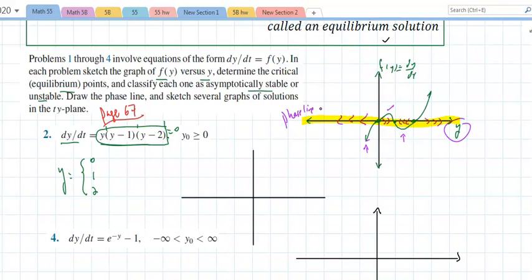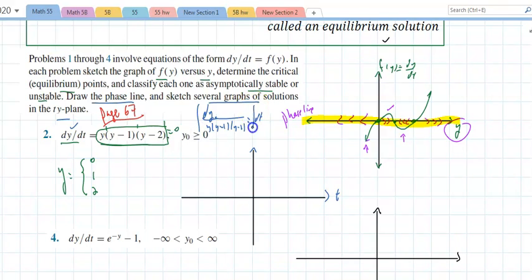And now I'm going for the second graph. Sketch several graphs of the solution. If I look at the solution to this differential equation without integrating, if I integrate, I need to use partial fractions, right? Because I'll be looking at dy divided by y times (y minus 1) times (y minus 2) equal dt.